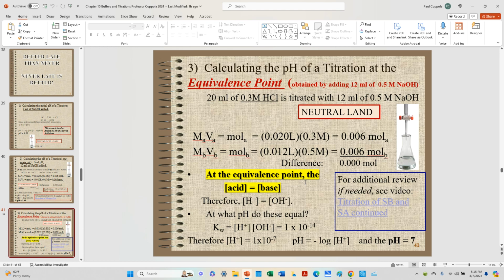We're at the equivalence point. The concentration of acid equals the concentration of the base, which means the hydronium is equal to the hydroxide concentration. If these are equal and the product is 10 to the minus 14, then each of them has to be 1 times 10 to the minus 7. And the pH of 1 times 10 to the minus 7 is just 7, neutral. So in neutral land, pH is 7.